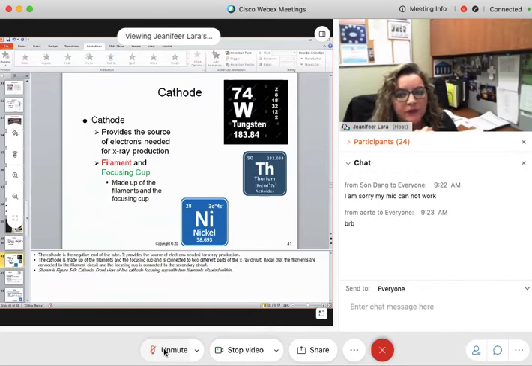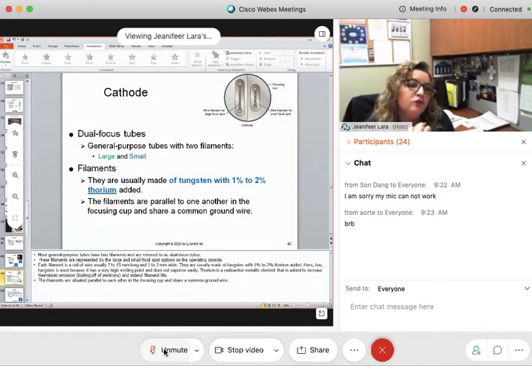There are two parts of the cathode: the filament and the focusing cup. Most cathodes will have a dual filament system.